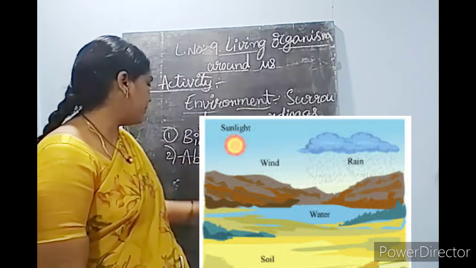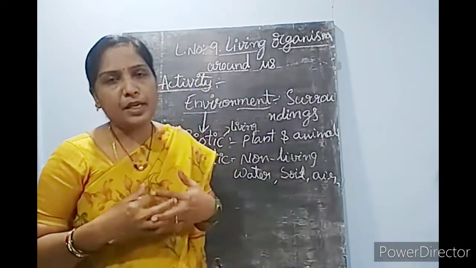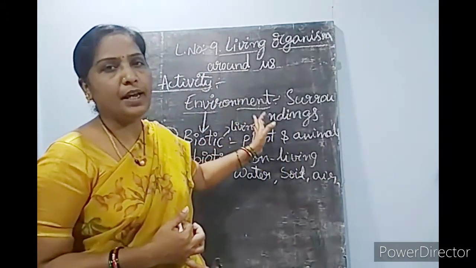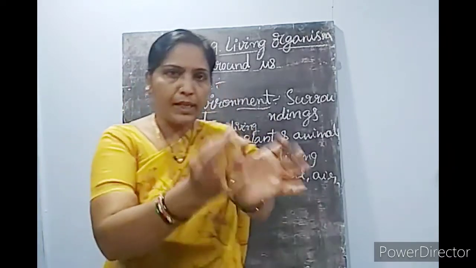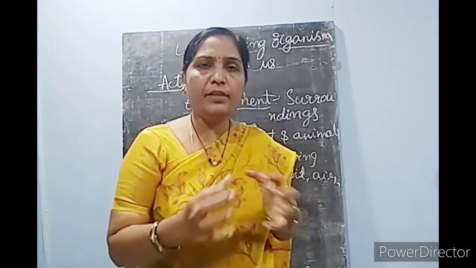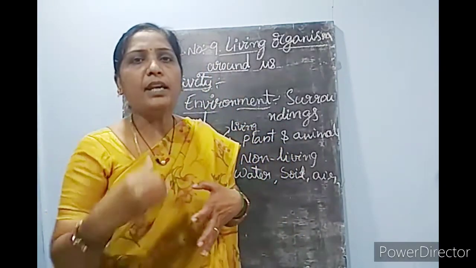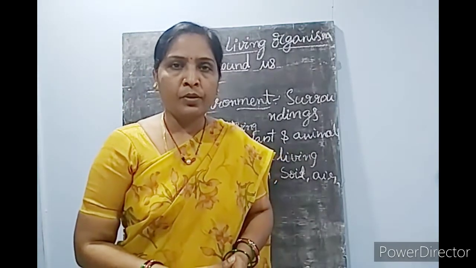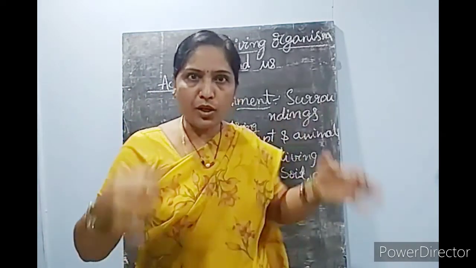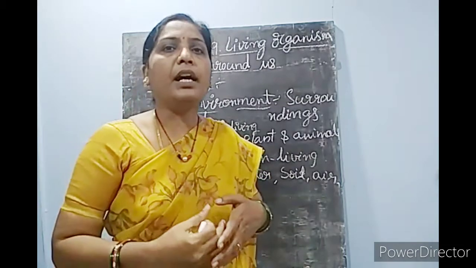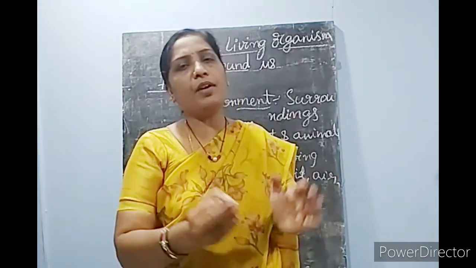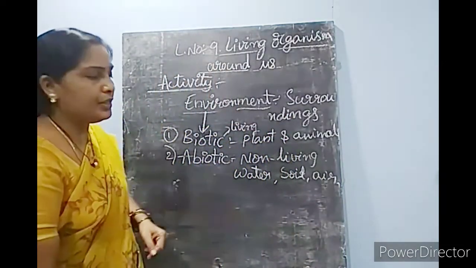All these come under abiotic things. When these two things mix up, they make up an environment. Based on the environment, the living organisms can live in that area. According to that habitat, the organisms are able to survive in that particular habitat.